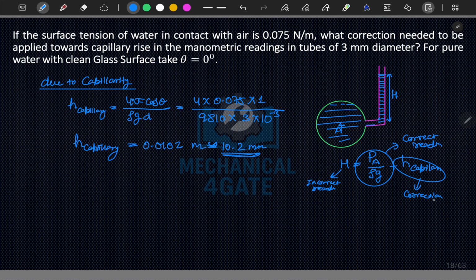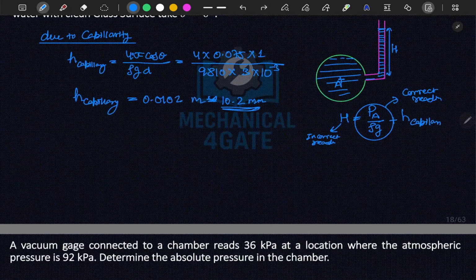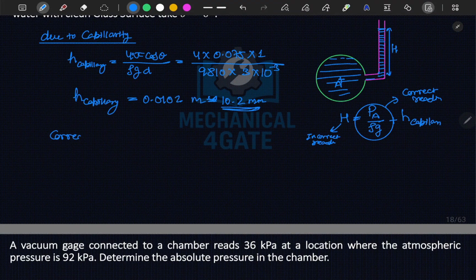Correction is equal to correct minus incorrect, so this will be minus H capillary.